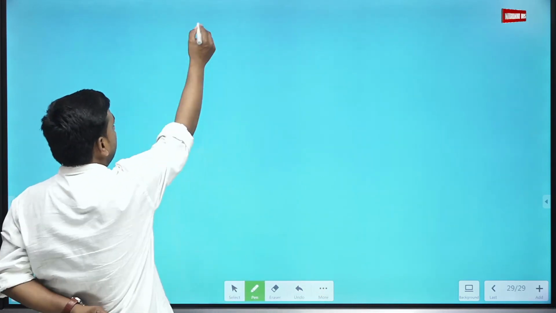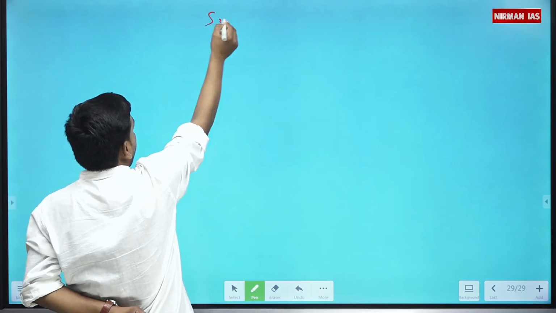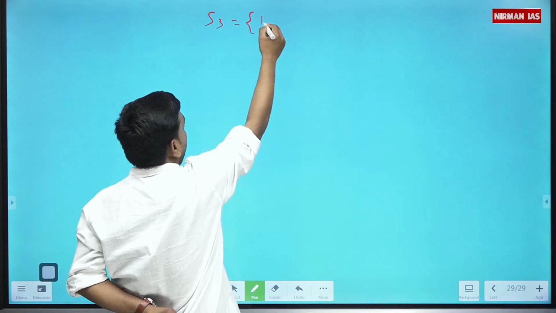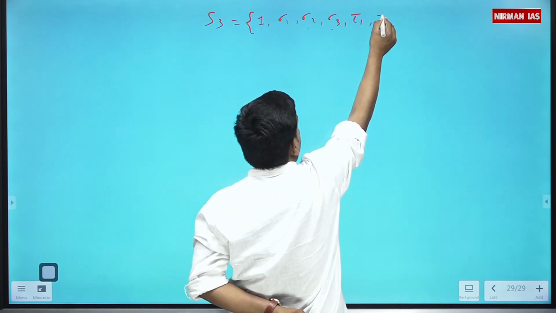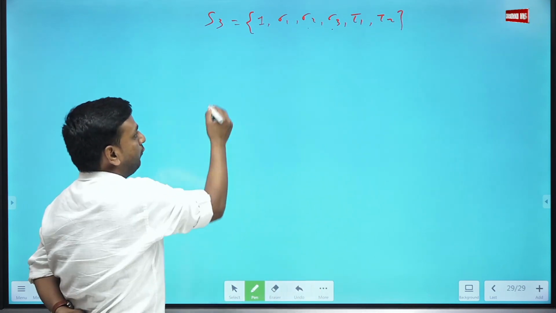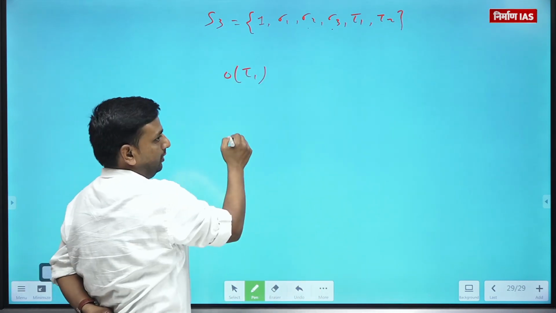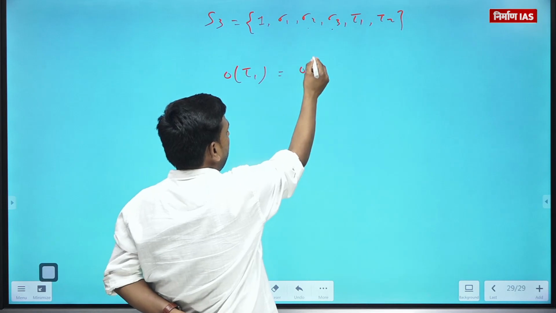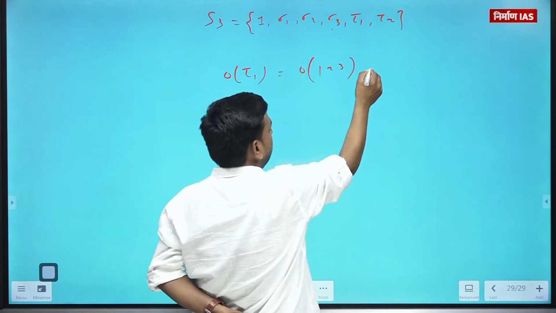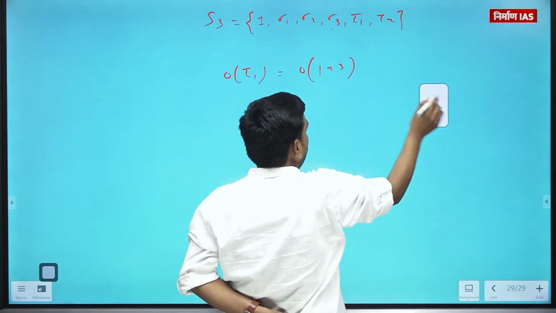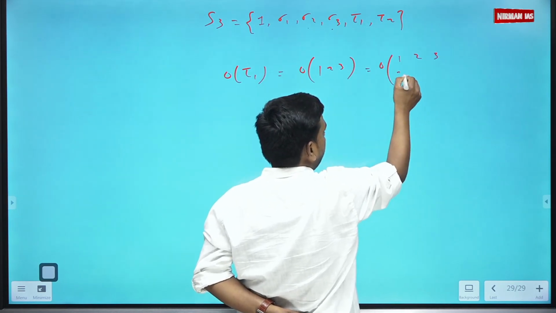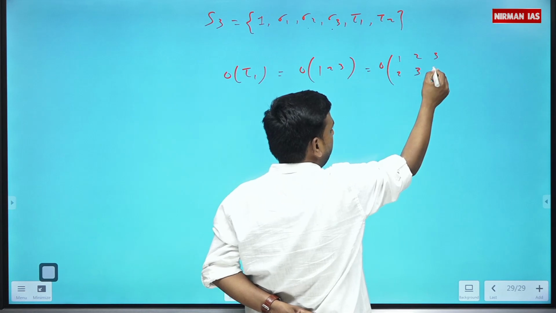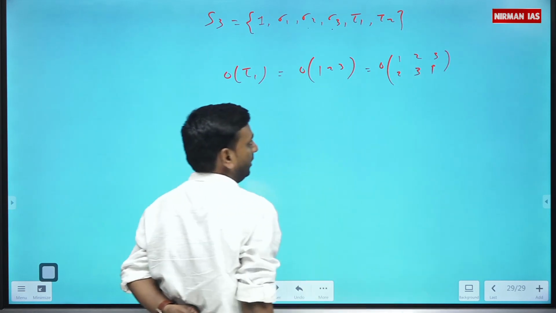Now let's take some other example. S3 was I, sigma 1, sigma 2, sigma 3, tau 1, tau 2. I want to discuss the order of tau 1, which is the permutation (1 2 3), a function where 1 is mapped to 2, 2 to 3, and 3 to 1.